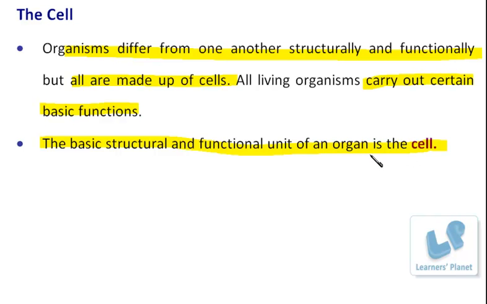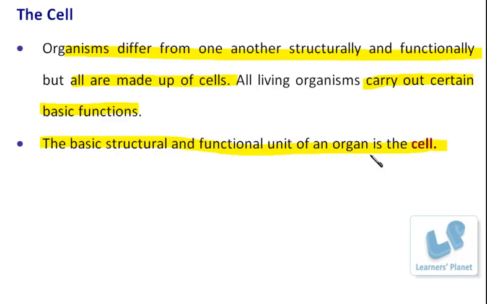So the point is, in multicellular organisms, cells constitute the tissue. Then different types of tissues work together and form a single structure known as the organ. Then different types of organs function together to carry out a particular function, and that group of different organs is known as the organ system, isn't it?